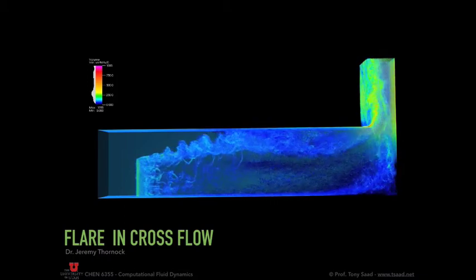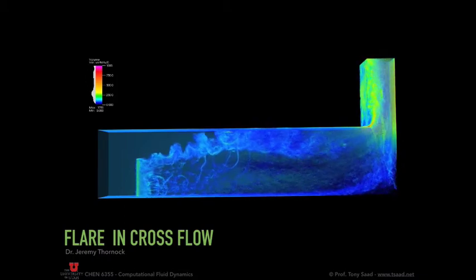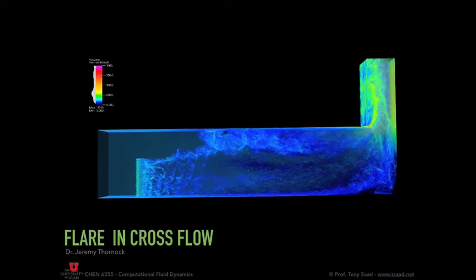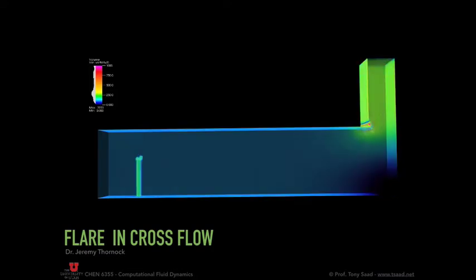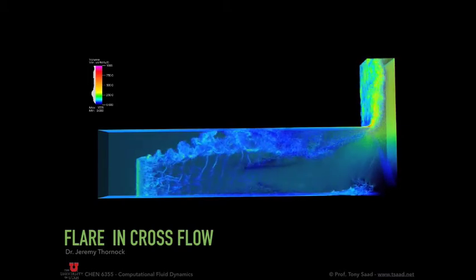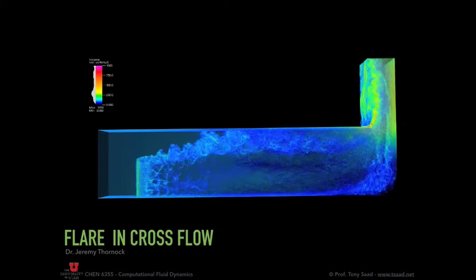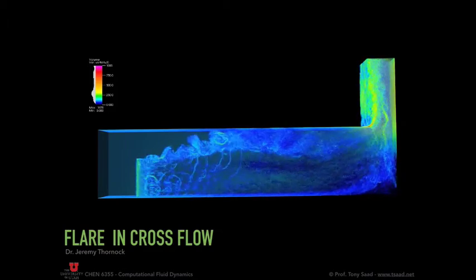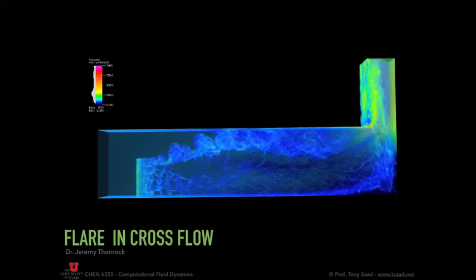You just burn all the gases and then come back the next day and run it again. But in this case, Jeremy was investigating the cross flow over a flare. They were trying to measure some of the emissions created by the flare. But anyway, they wanted to look at the flow around the flare.